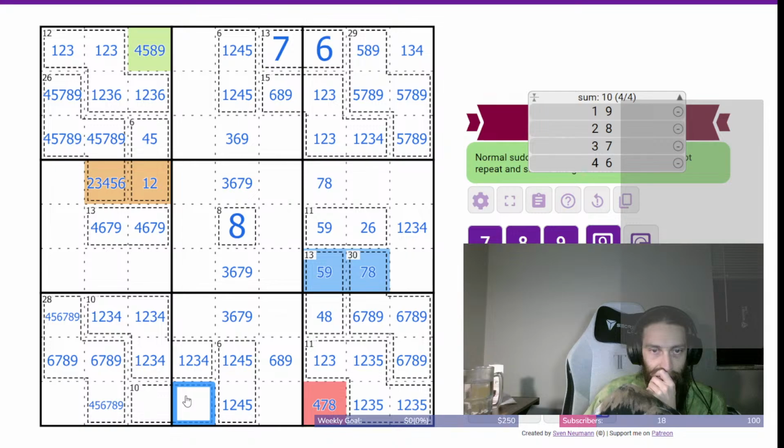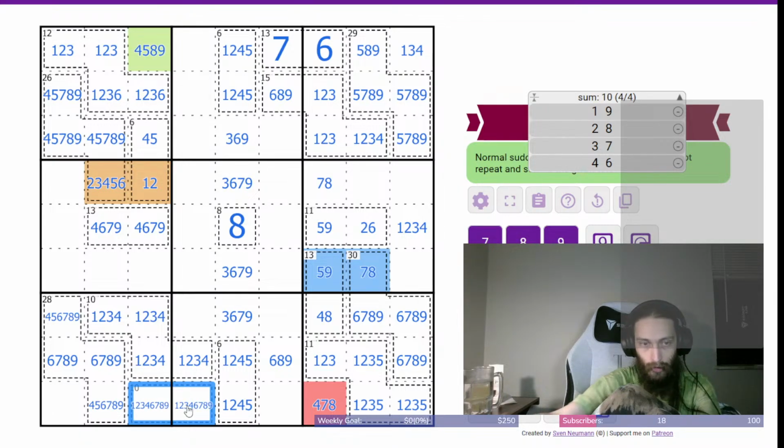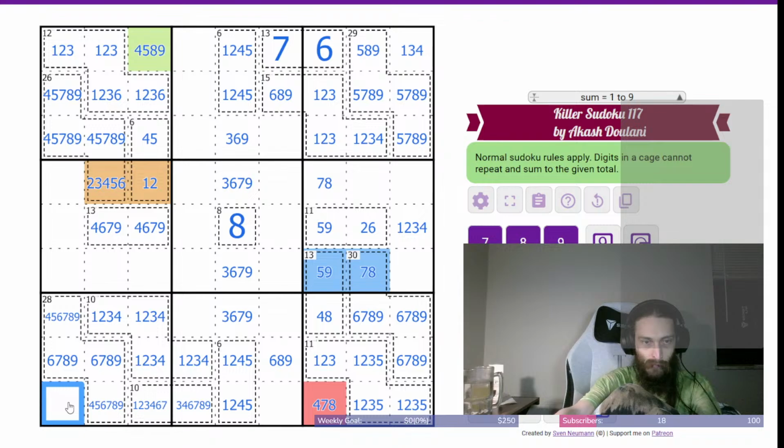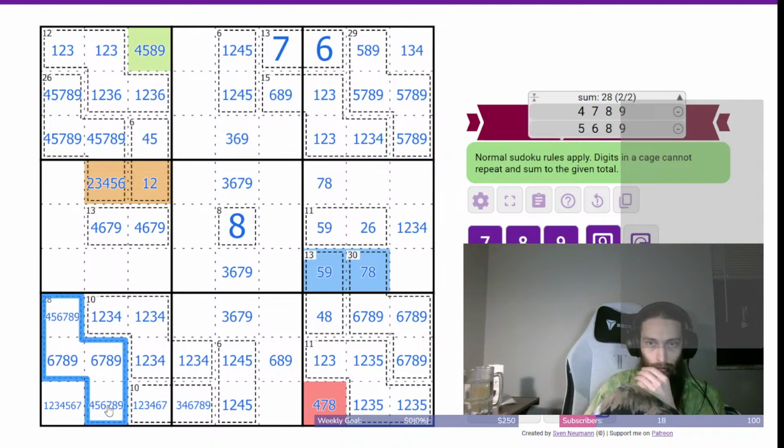So, all right. Well, 1, 2, 3, 4, 6, 7, 8, 9. And I know 8, 9, and 1 and 2 are out. And this goes up to 7 because 8 and 9 are required in here.